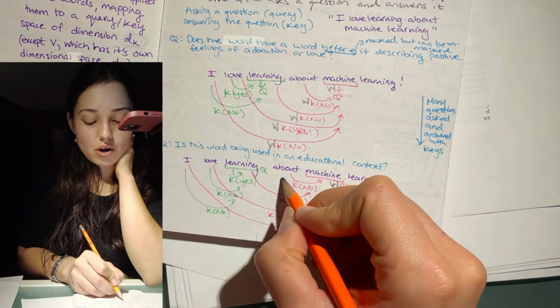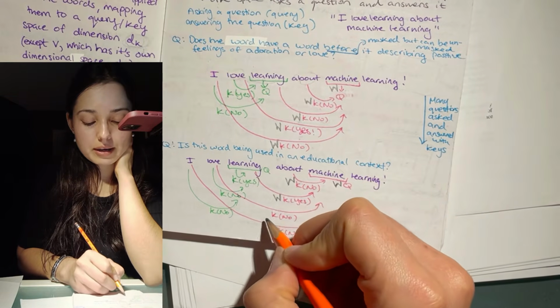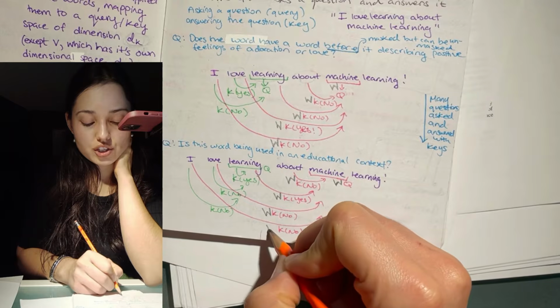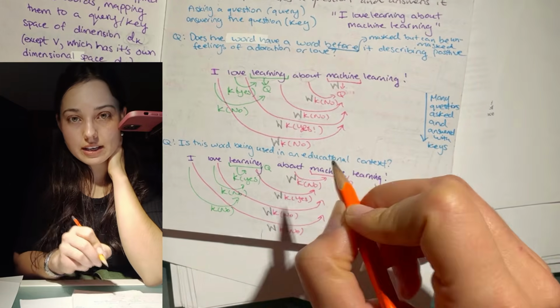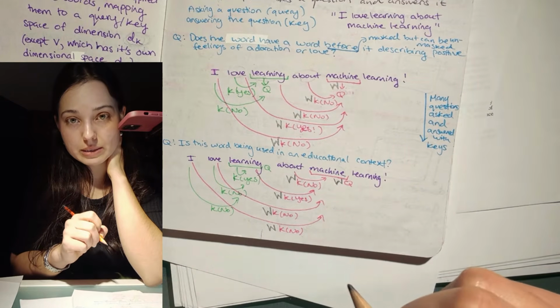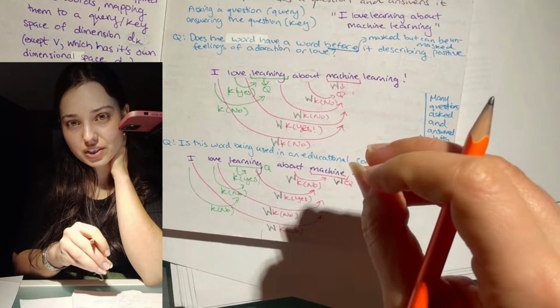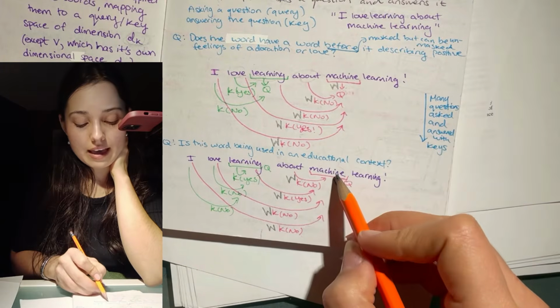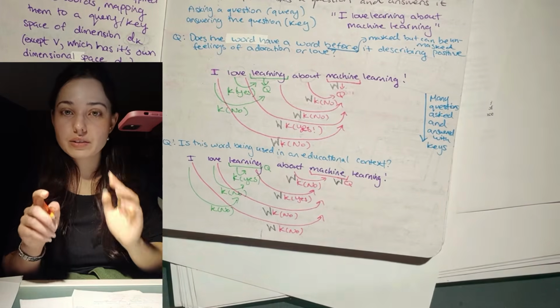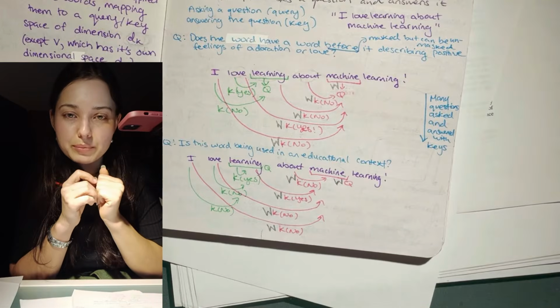And then all the other words will also be translated by this WK, which takes it from the word embedding space into the key query space, in this case answering the question instead of asking the question. And then we take the dot product between them, and that'll represent if it's a yes or no, or maybe it could even be a maybe if it's somewhere in between.